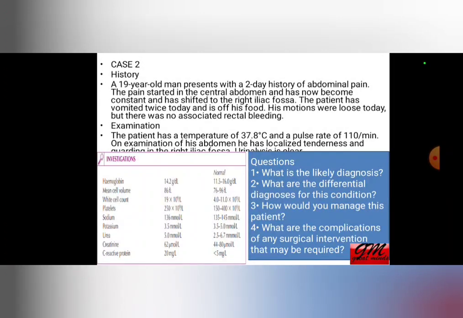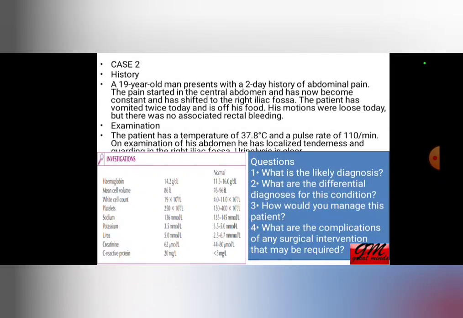Is it clear? Mesenteric ischemia can also result in right iliac fossa pain. So you have to know the structures and then the pathologies of the structures located in the right iliac fossa.